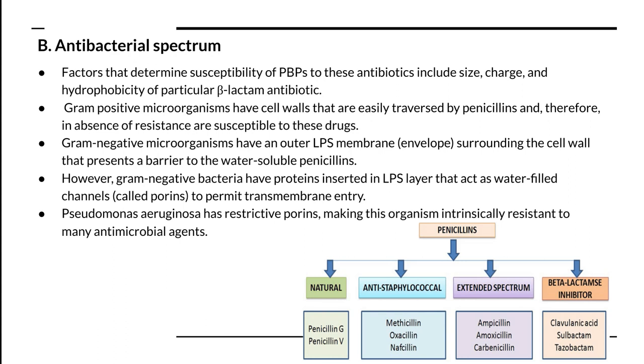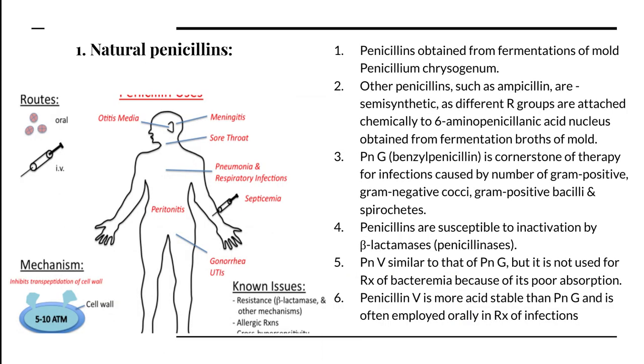If it cuts it, it is actually destroying the penicillin itself. So we have to stop that beta lactamase also, because if you don't stop the beta lactamase, then using penicillin is a waste. Correct? Right. So if we talk about natural penicillin, that is penicillin G and penicillin V.